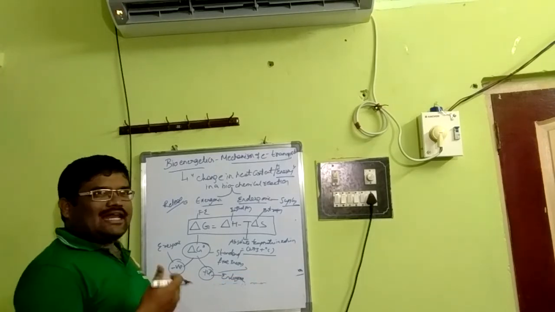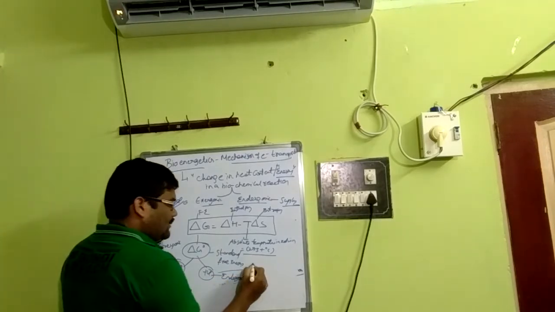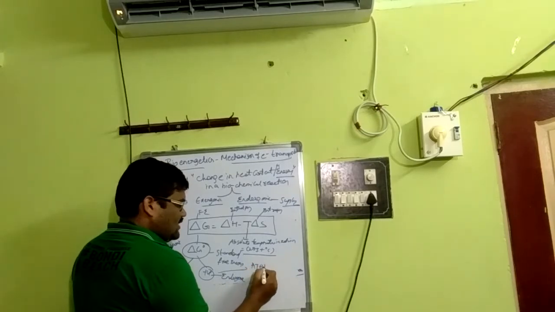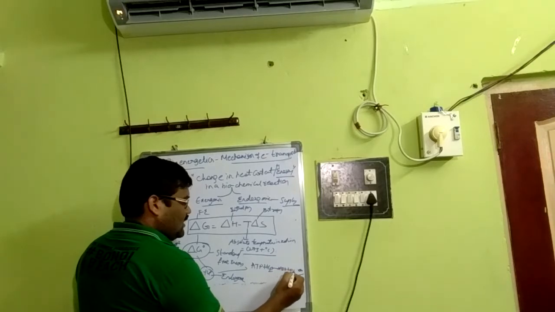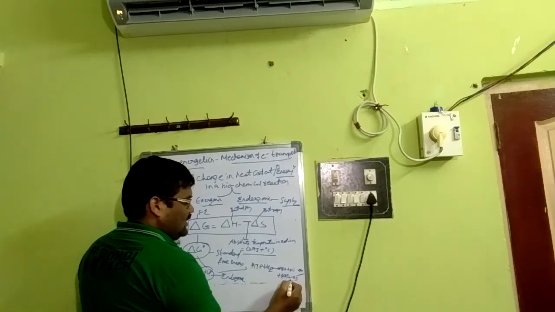The most classical exergonic reaction is ATP plus H2O giving rise to ADP plus Pi, where delta G is minus 7.3 calorie per mole.